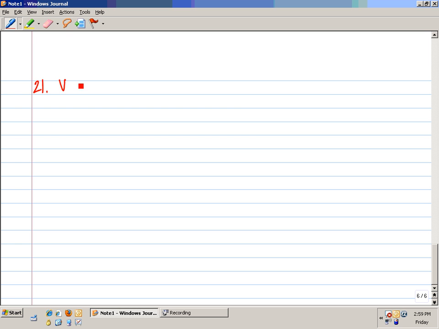We're given that we have vertices at 0, plus or minus 2, and our foci are at 0, plus or minus 4. Because the vertex and the focus both appear to be on the y-axis, I'm going to say that our transverse axis is vertical.